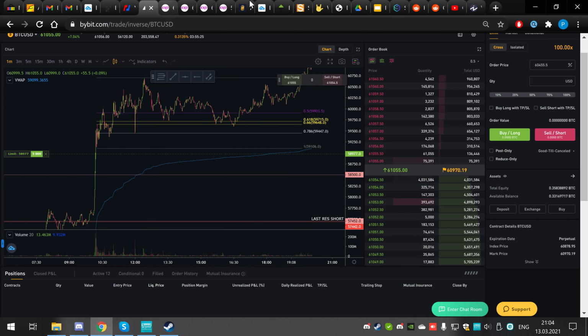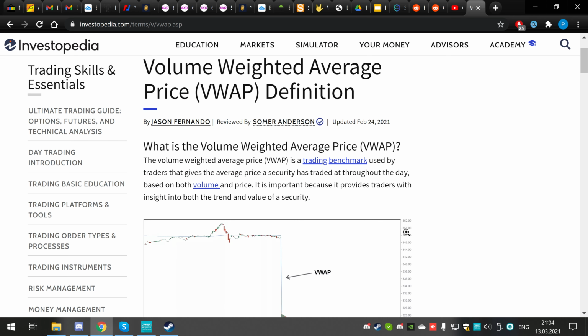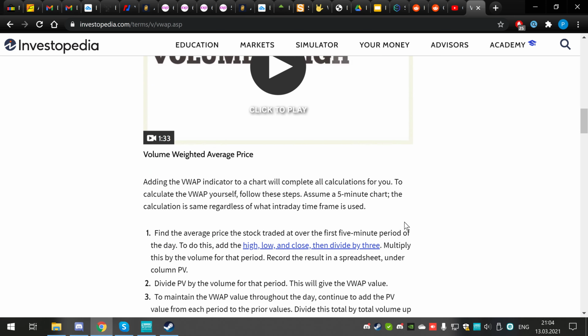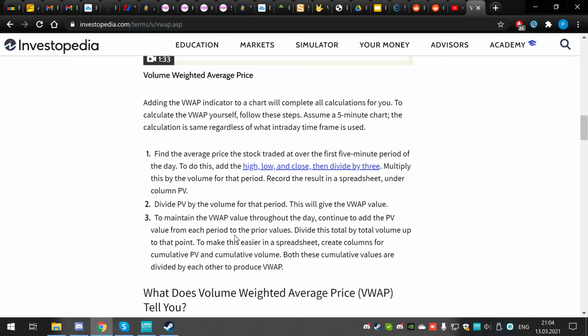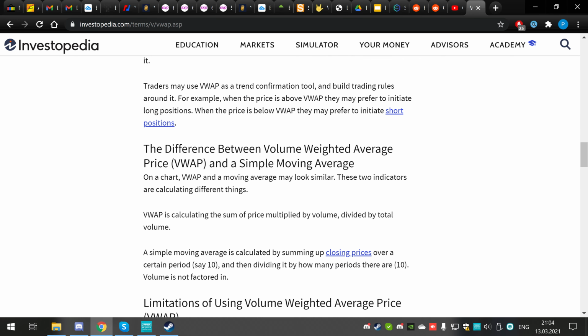Okay. We can learn more in the definition as well. So here's the difference between VWAP and a moving average, because many people judge it as similar, but it's not. VWAP is calculated as the sum of price multiplied by volume, divided by total volume.